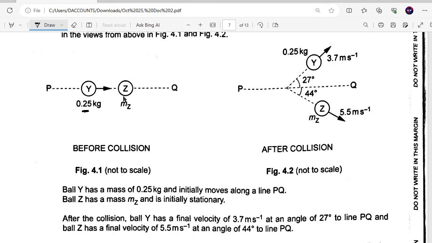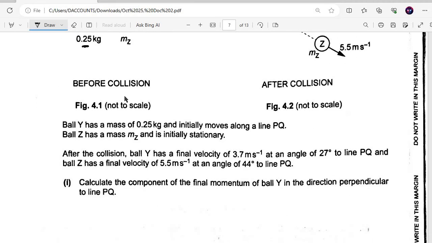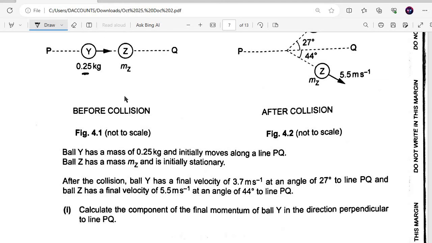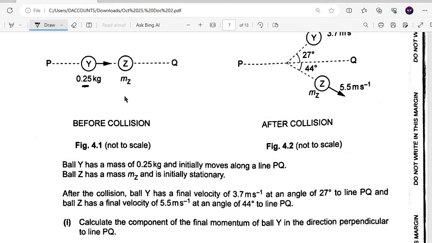After the collision, ball Y moves with a final velocity at an angle of 27 degrees to the line PQ, and Z moves at a final velocity of 5.5 at an angle of 44 degrees to the line PQ, as shown.